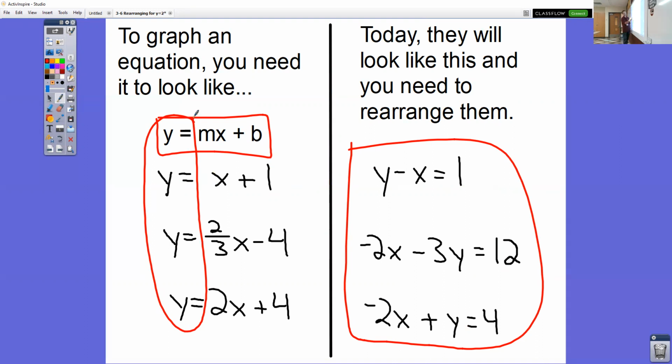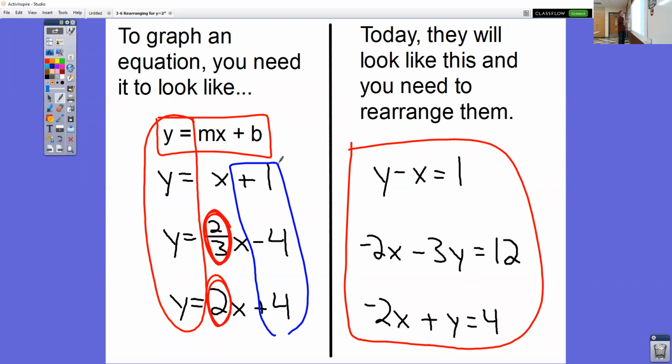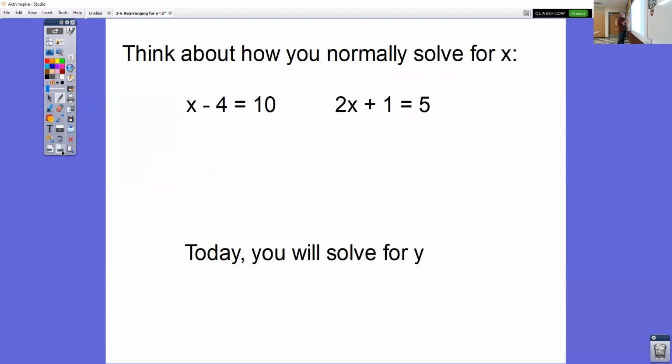Sometimes it might be just an x all by itself. Sometimes there might be a fraction in front of the x. Sometimes there might be just an integer, whether it's positive or negative, in front of the x. The last part that you want is a plus or a minus something. So that's how you want all of them to be. You want them in this y equals mx plus b form, your slope intercept form.